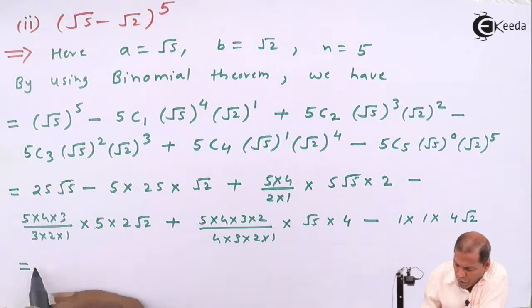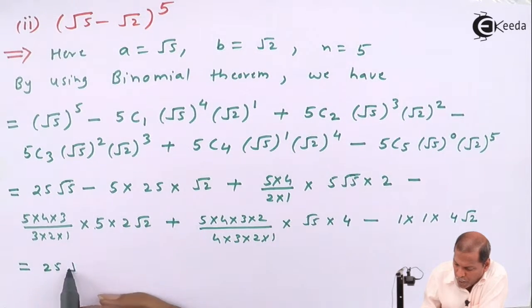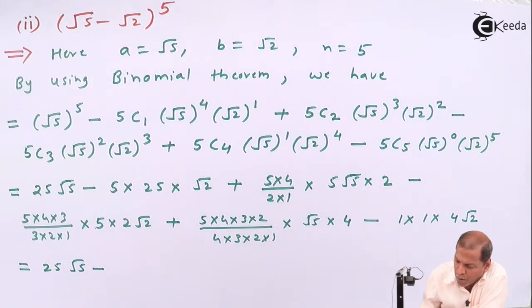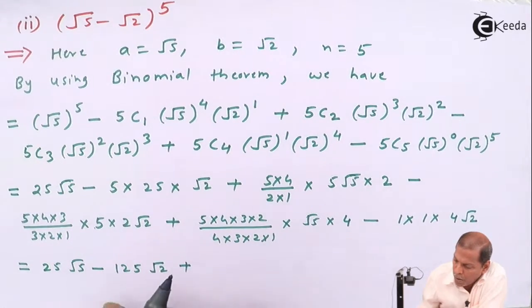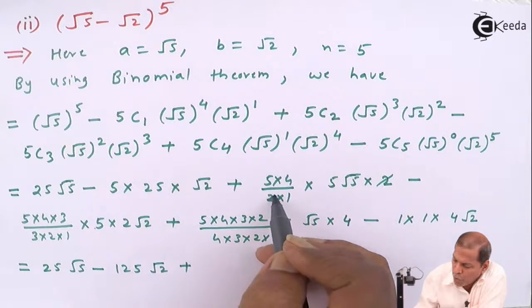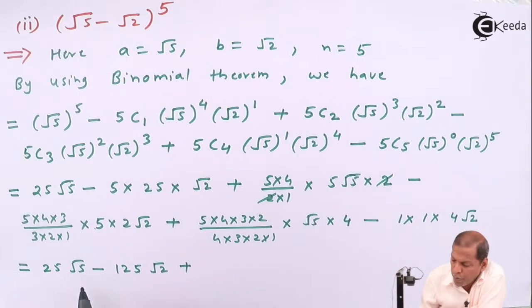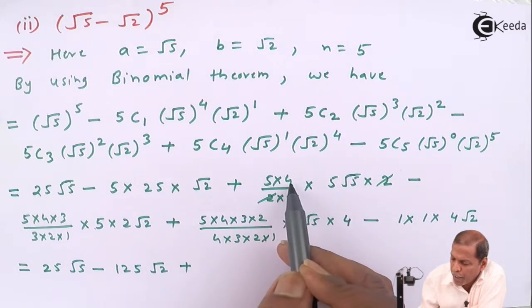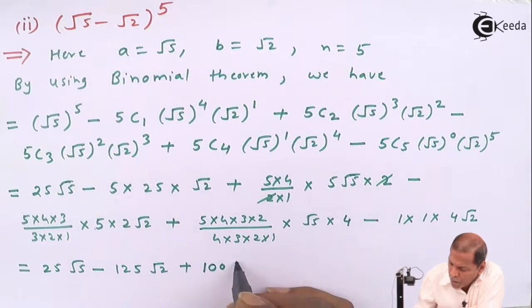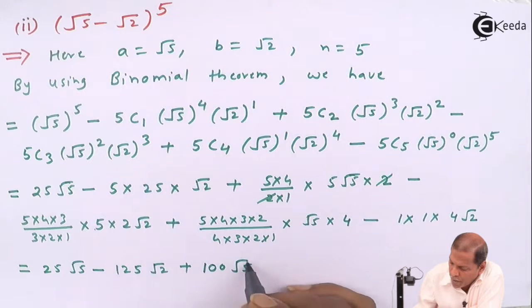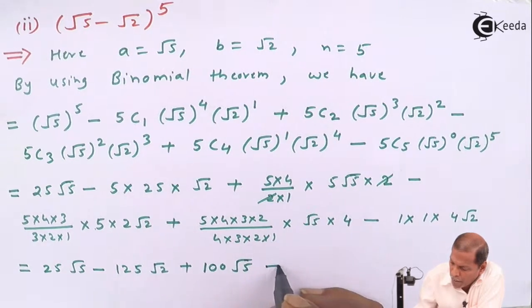So that equals 25 root 5 minus, now 25 into 5 gives us 125 root 2, then plus, here we cancel 2 from numerator and denominator, so we have 5 into 4 is 20, 20 into 5 is 100, so we have 100 into root 5, then minus.